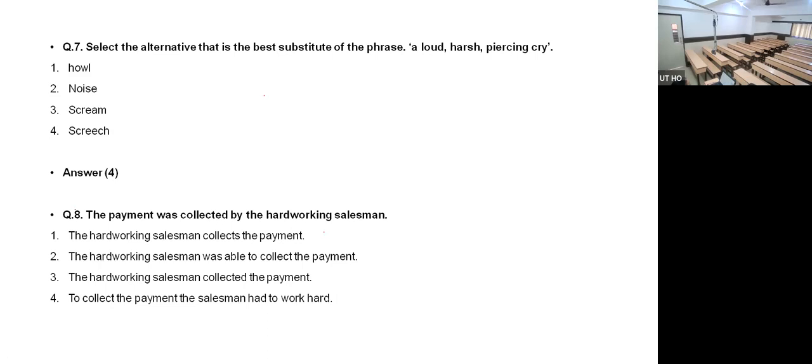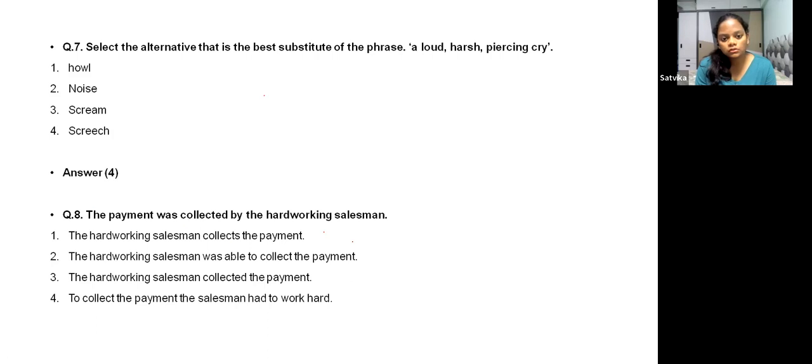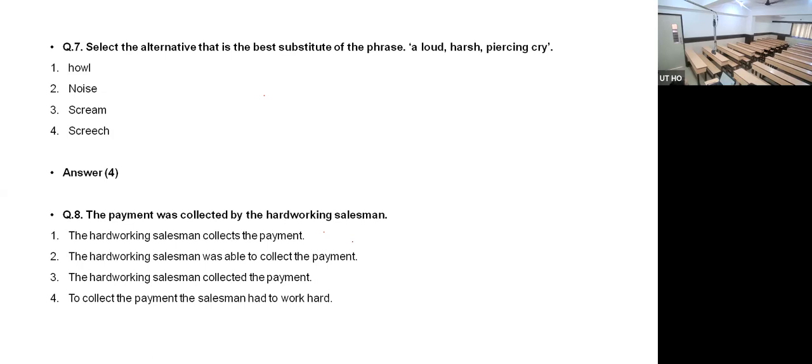Let's look at this one. Get back to what we were doing. The payment was collected by the hard-working salesman. The third option, the hardworking salesman collected. Here, if you look at the options, what is the question asking you to do? Changing it into the active voice.